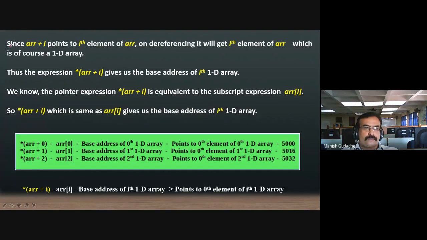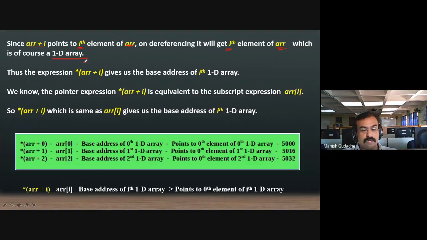Now again, since ARR[i] is the ith element of ARR, ARR plus 1 will be the first element of ARR. ARR plus 2 will be the second element. ARR plus 0 will be the 0th element. So ARR plus I points to the ith element of an array. On dereferencing it, we get the ith element of the array, which is of course a 1D array.